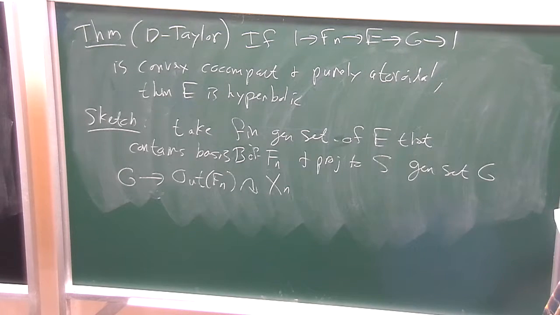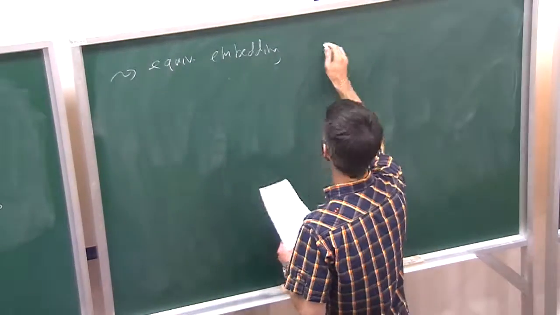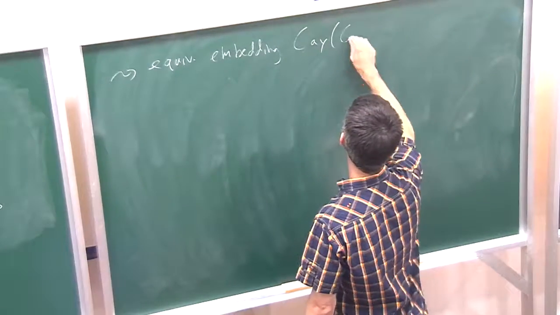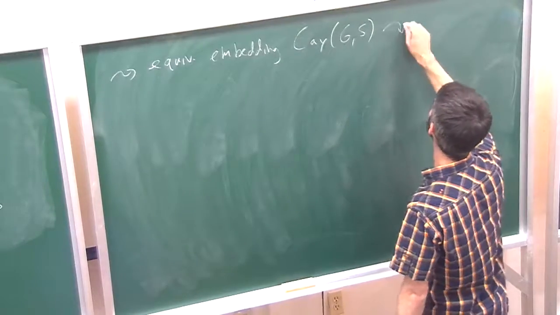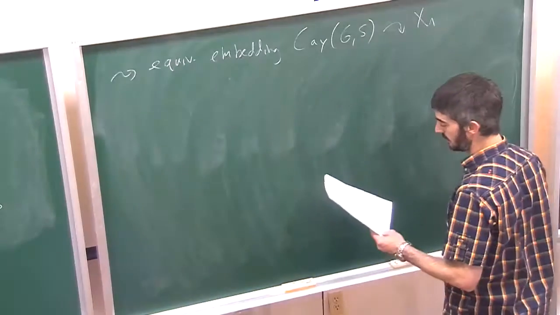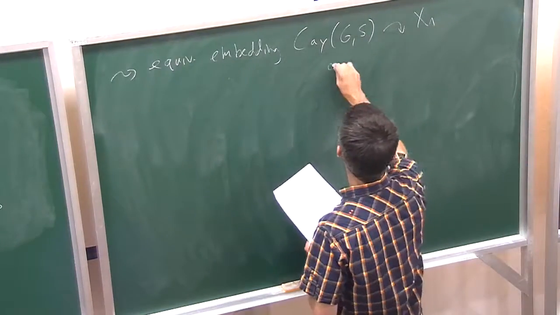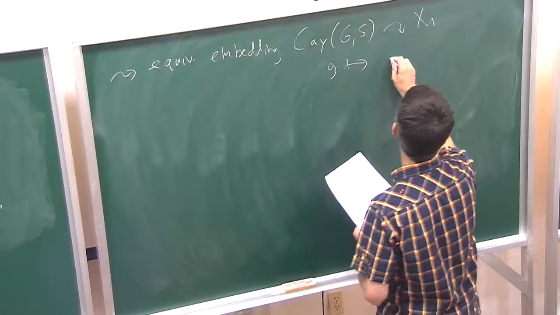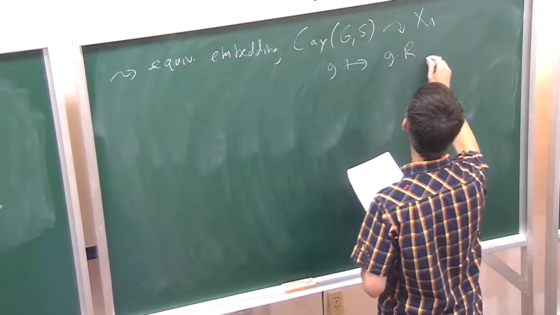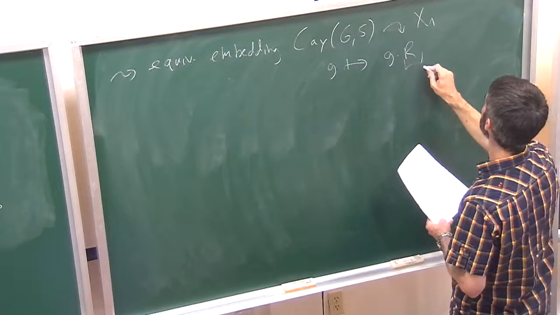So this gives me an equivariant embedding of the Cayley graph of G with respect to this generating set S into Xn, where I send g to g times R, where this is a base point.